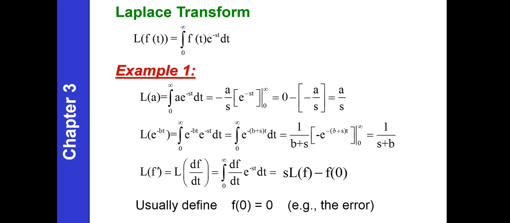So example. By the way, this is the standard formula for a Laplace transform. If you have a function of t, which is in the time domain, the Laplace transform of this function is given as the integral of your f(t) multiplied by e to the negative st dt from 0 to positive infinity.